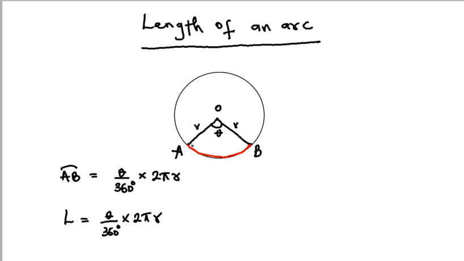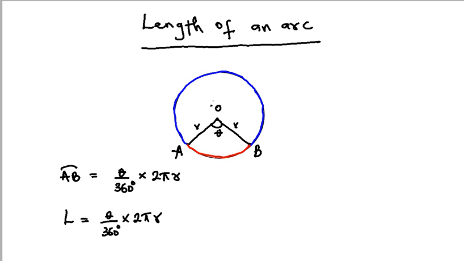Now this distance AB is the length of the minor arc. As you can see, this portion is very small compared to the other side. So let me show us the major arc. If the one in red is the minor arc, then all this distance, everything going around this way, happens to be the major arc.